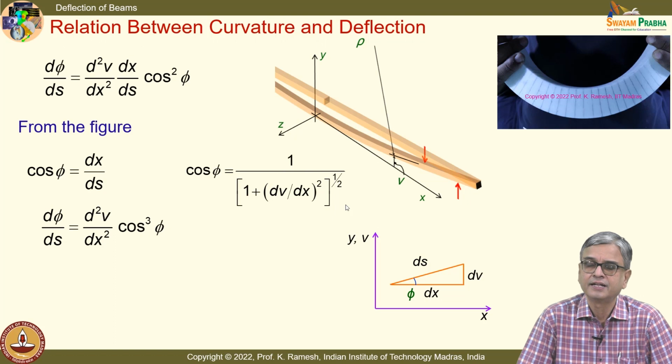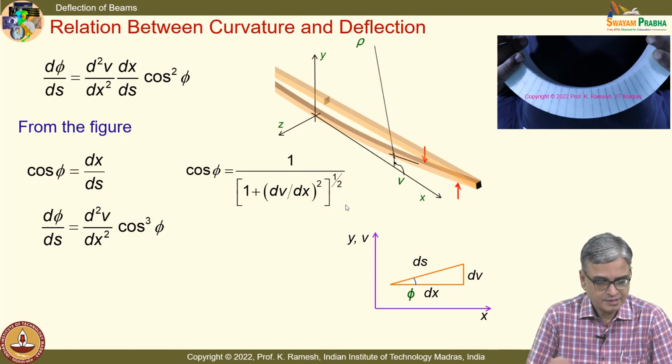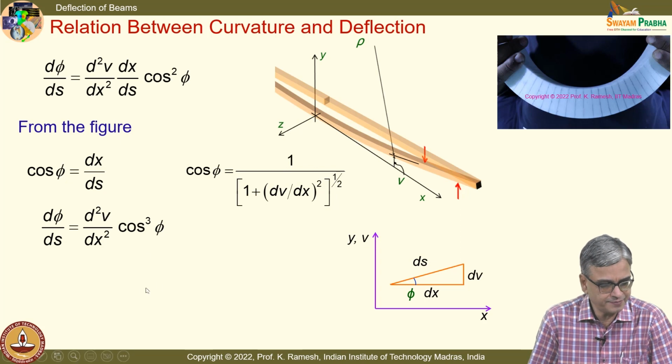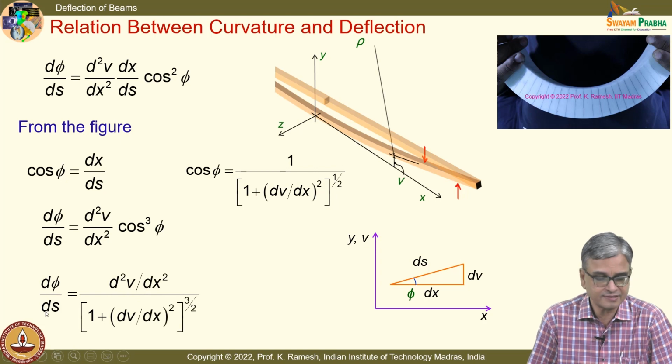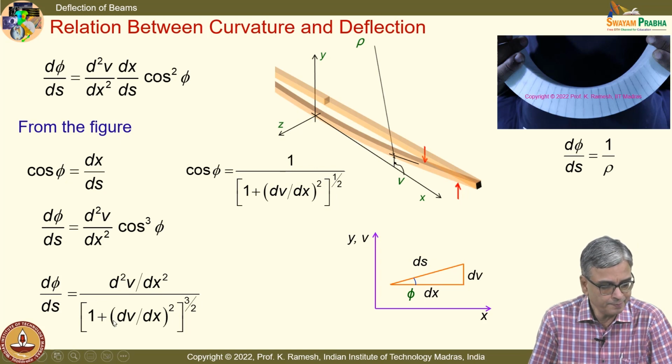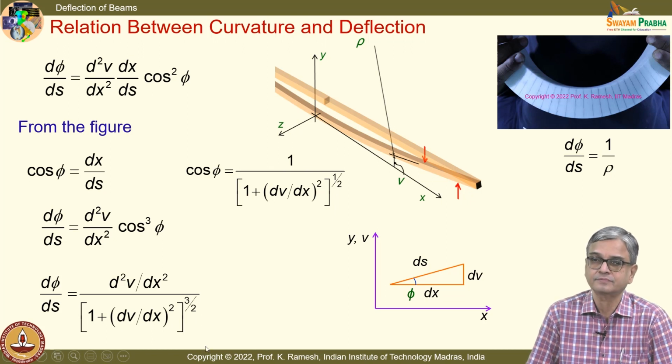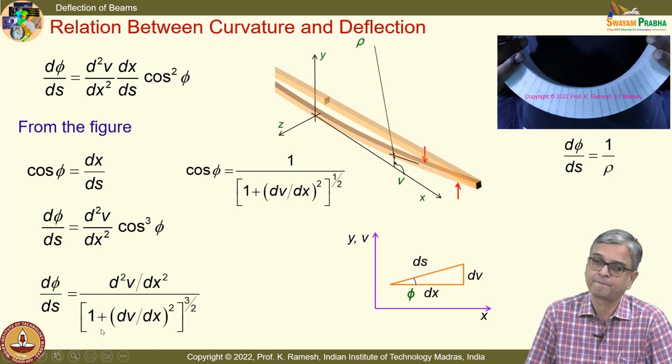Once I substitute this, I have an expression where d phi by ds is given as d squared v by dx squared, whole divided by 1 plus dv by dx whole square, whole power 3 by 2. And this expression is exact, but it is non-linear.